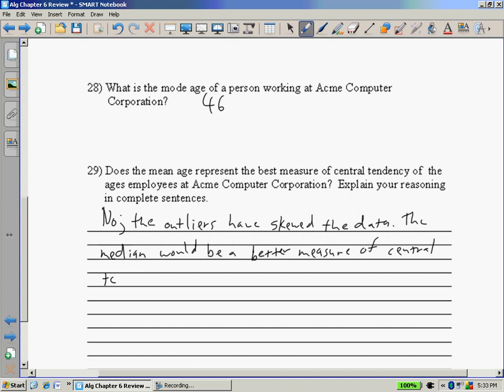Central tendency means mean, median, mode, range. The outliers have skewed the data. The median would be a better measure of central tendency because it's not affected by outliers.